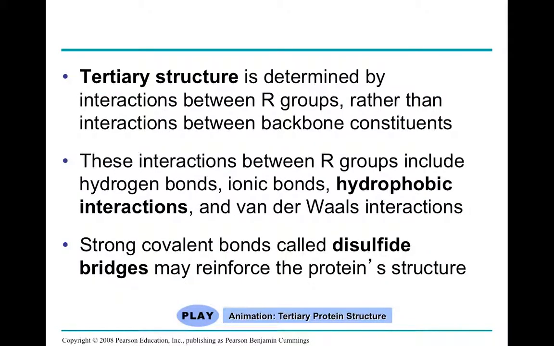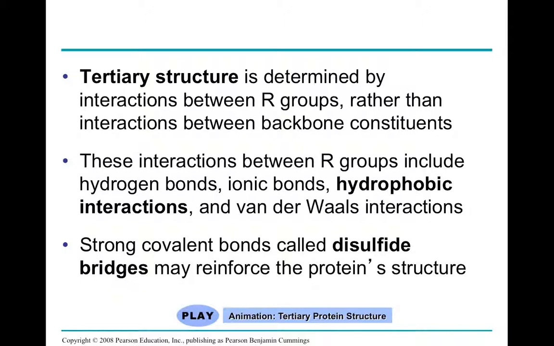Okay, the tertiary structure is determined by interactions between R groups rather than interactions between backbone constituents. These interactions between the R groups include the hydrogen bonds, ionic bonds, hydrophobic interactions, like I said before, they might not want to be near the water, and then van der Waals interactions, which are just another chemical attraction, which is a little weaker than hydrogen or ionic bonds.